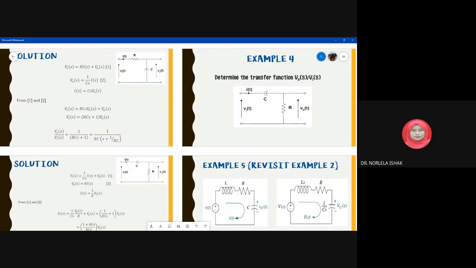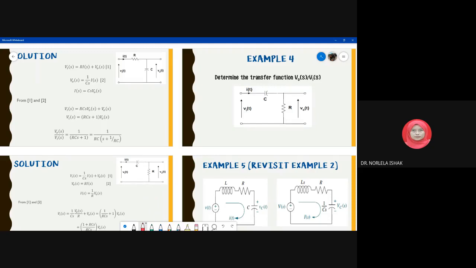Can you see the equivalent impedance circuit? From this circuit, example 3 is the same as example 1, but this one we solve the circuit based on the impedance. We solve based on the total impedance. So you can see from this example, equation 1 is the total voltage.